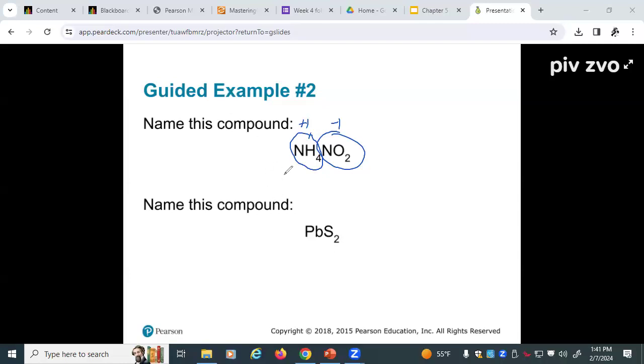What is this compound? Well, NH4 is ammonium. NO2 is nitrite. So the name of this compound is ammonium nitrite.